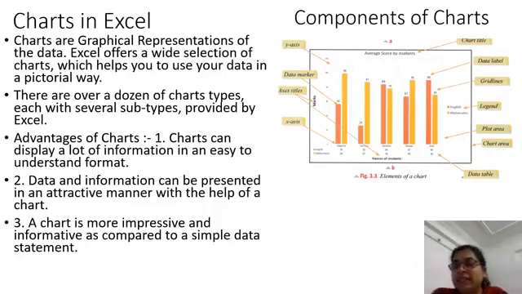Grid lines, that is, small vertical and horizontal lines are given. Then legends. Legends are given to mark the data properly. Plot area and chart area. Plot area means where the chart is actually plotted, and chart area means along with the legends, the data tables, the names of the axes, everything comes under chart area.